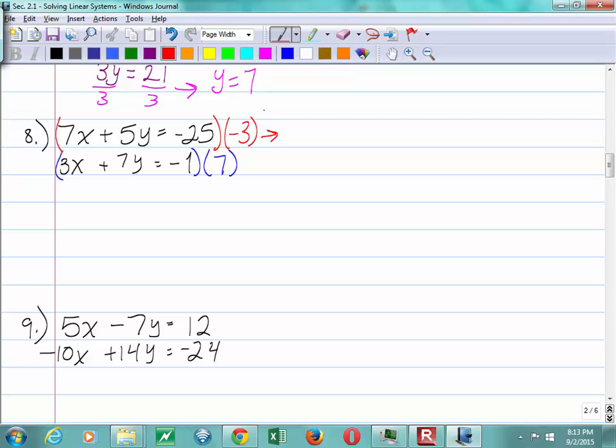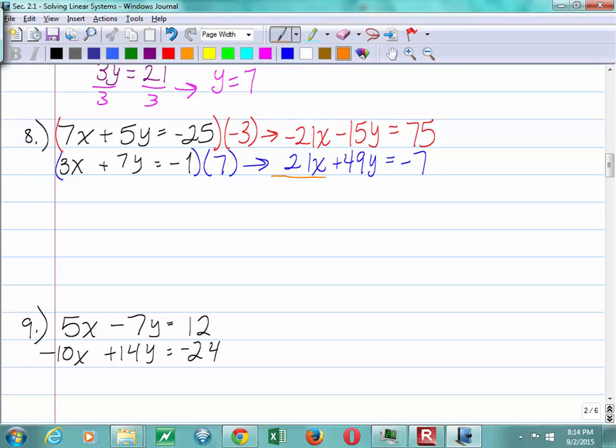So my first equation becomes negative 21x minus 15y equals 75. And on the second equation, I'm multiplying by 7, so that gives me positive 21x plus 49y equals negative 7.